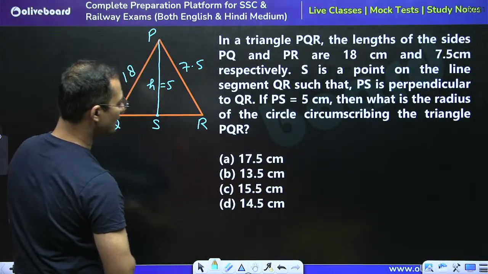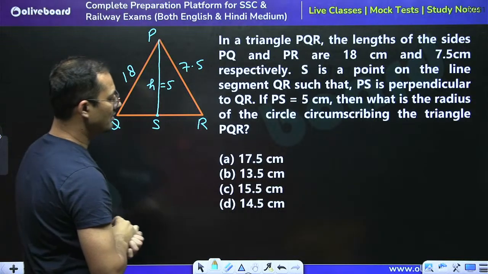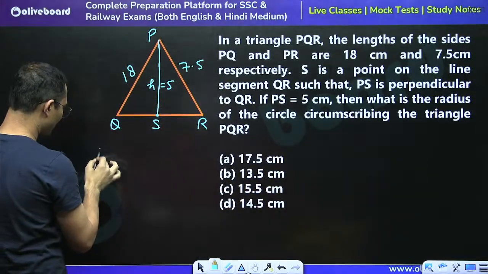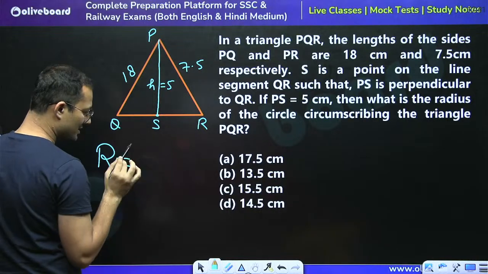What is the radius of the circle circumscribing the triangle? We must remember the formula.